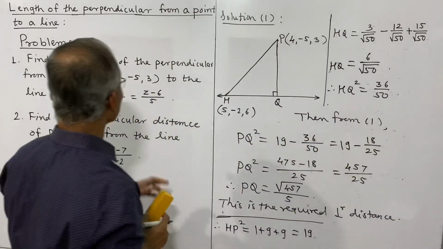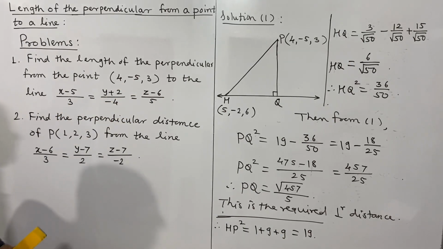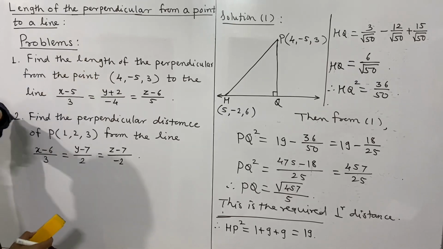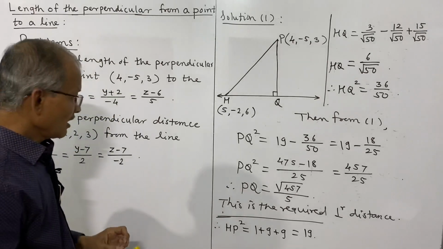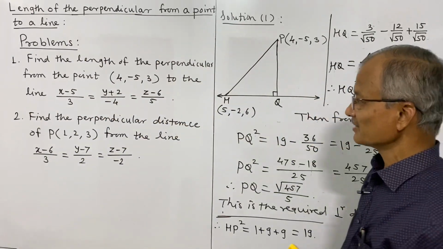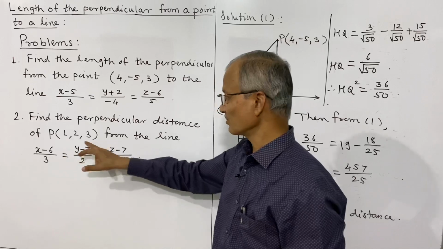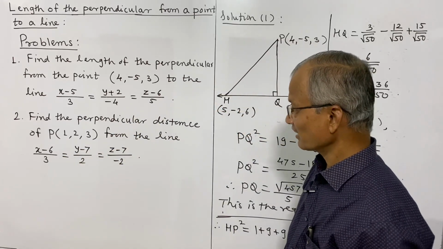That means the distance of this point on this line. So in this way we can solve the problems to find the perpendicular distance from a point on a line. And the second problem is exactly similar to this one. The point P is 1, 2, 3, and the line given is this one. So it is easy to find this distance.